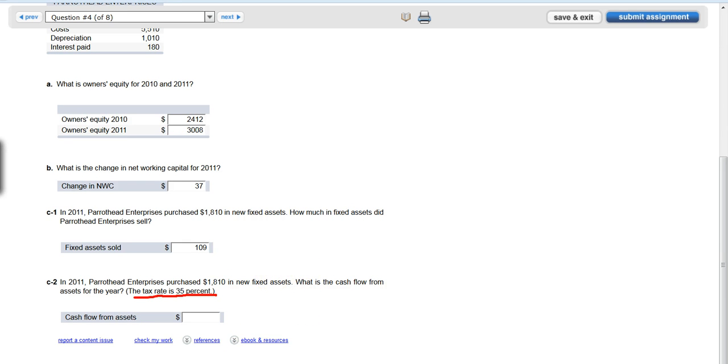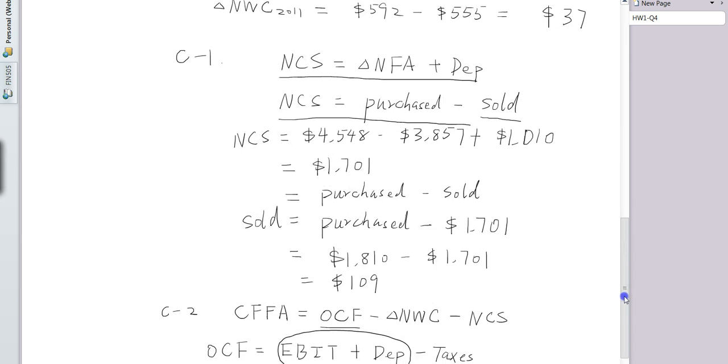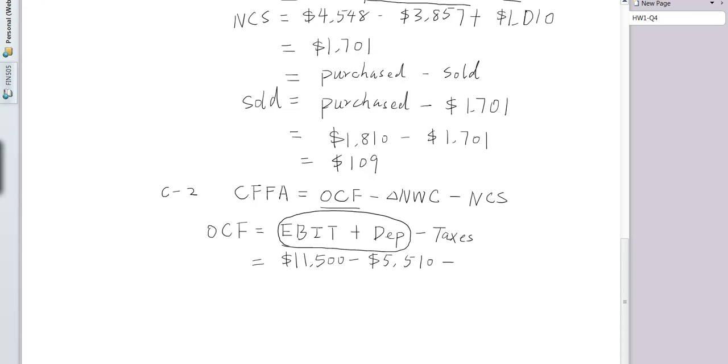Let me first leave this as blank here. Let me first get the taxes first. Taxes, we know that equals EBT, right? Earnings before taxes.